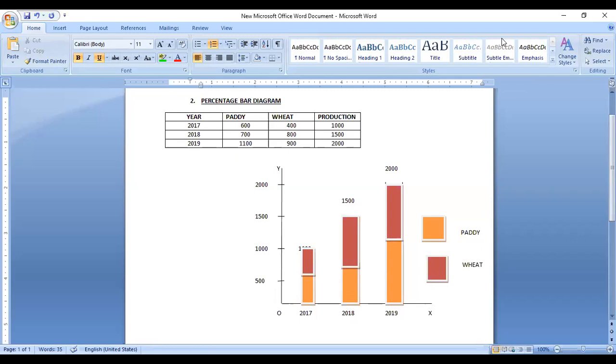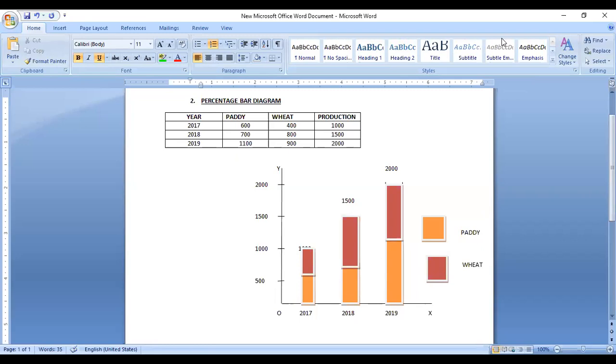Percentage bar diagram highlights the relative changes in the data. In order to construct it, the first step is to convert the given data of components into percentage of the whole.